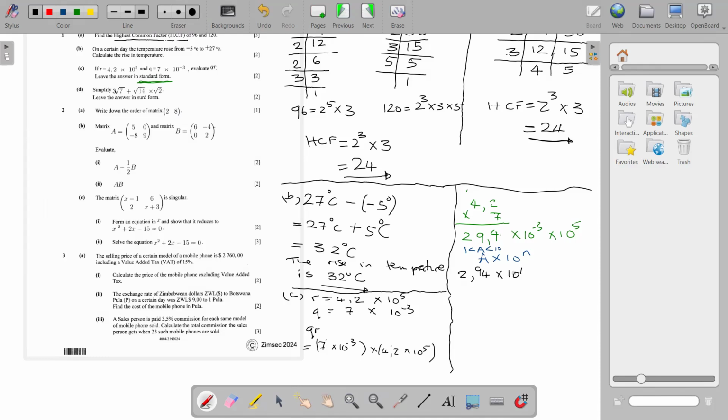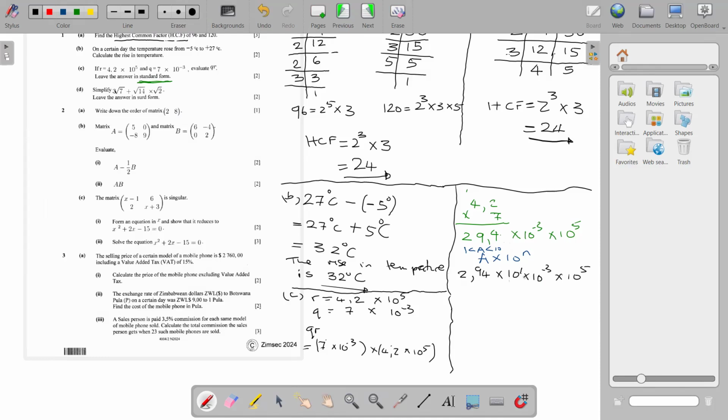If you move your comma to the right, your power will be negative, depending on the number of places you moved. So here we moved 1 place to the left, so our power is positive 1. So times 10 to the power negative 3 times 10 to the power 5.